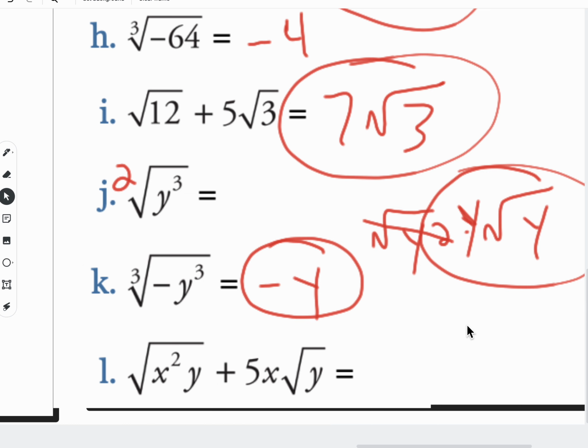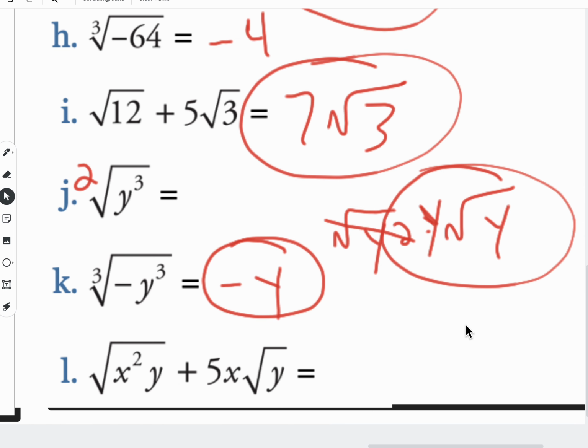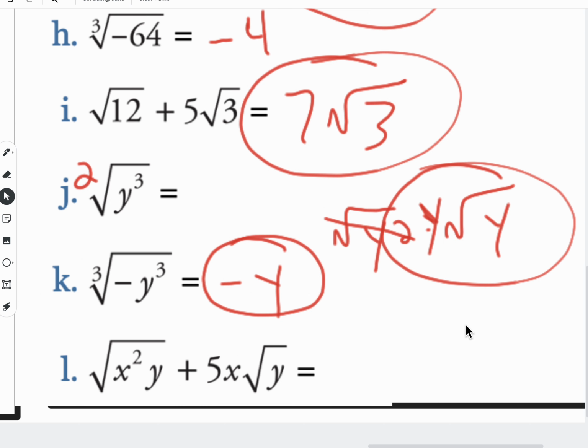And that will end our shorter exercises here. The square root of x squared times y plus 5x square roots of y. Remember, there is an understood 2. This is a square root. Now we can factor out a bit.